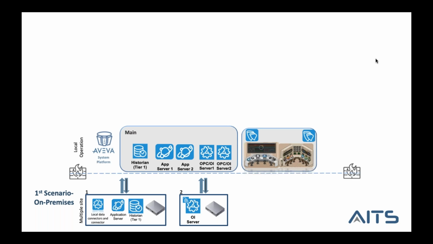Scenario 2 is, or not scenario 2, sorry, another option that you might have, where you just plug in an OI server to collect the data, and this OI server can connect to its PLCs. You might have multiple local control rooms connected to a regional control room, where you need to monitor all those sites remotely.